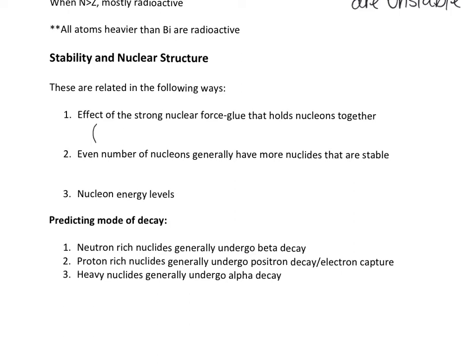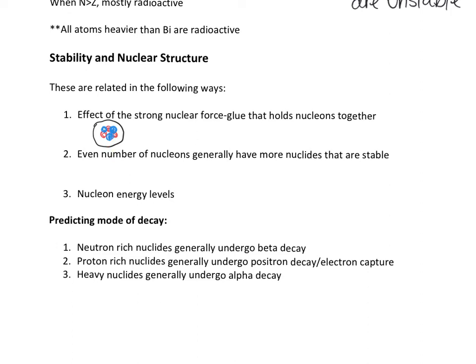So within a nucleus, again, you have little protons. We'll draw them as these little spheres, red spheres, and then you have little neutrons. Let's just say you have 3 of each. What holds those together? Well, it's not the charges per se, because protons are positively charged and neutrons are neutral.